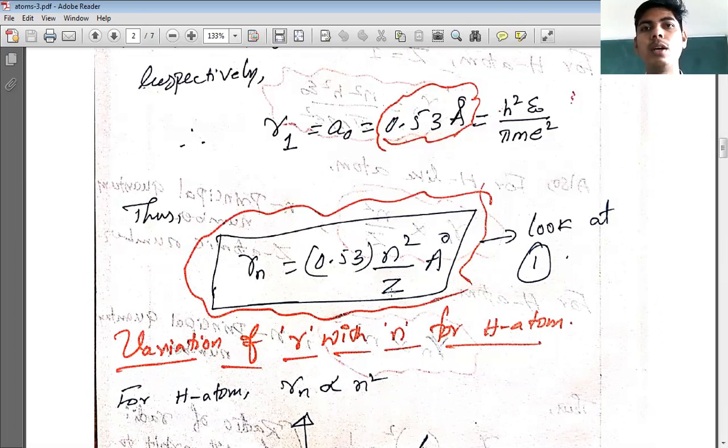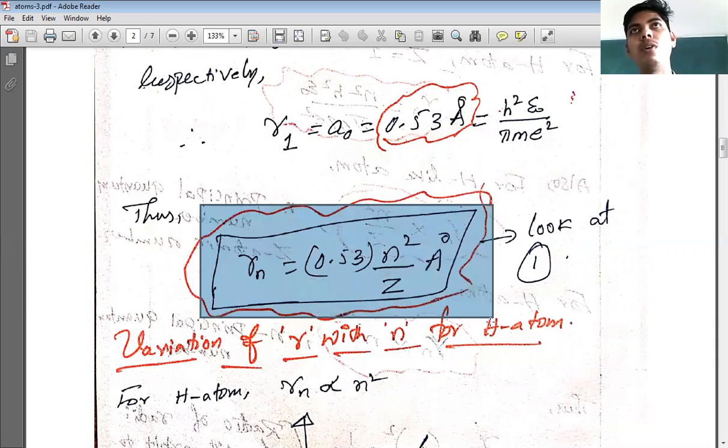For the radius of the third orbit, 0.53 into 3 square divided by z equals 1 angstrom. You can directly use this formula to calculate the radius of any electron orbit in a hydrogen atom or in a hydrogen like atom.